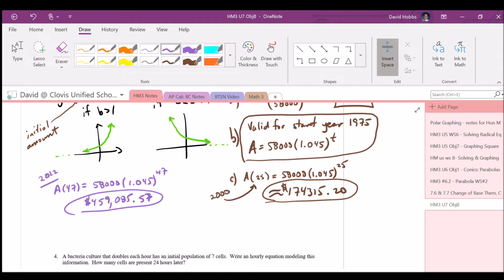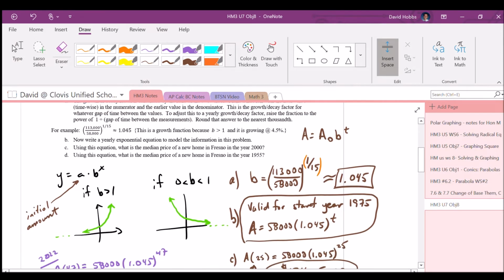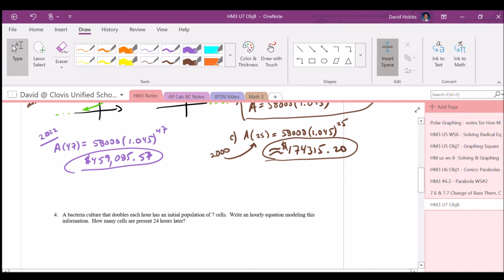So first off, two reasons why it's not very accurate. Well, first off, 2022 compared to the last piece of data, which was 1990, is definitely more than 10 years away. And if you get beyond 10 years away, it's not as good of a predictor.